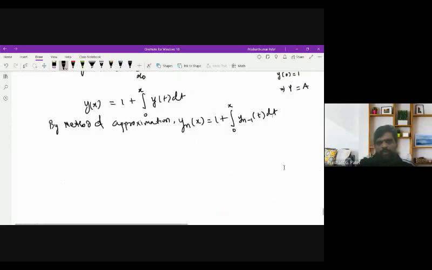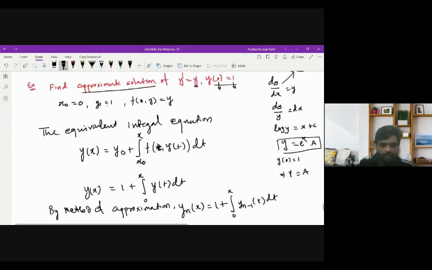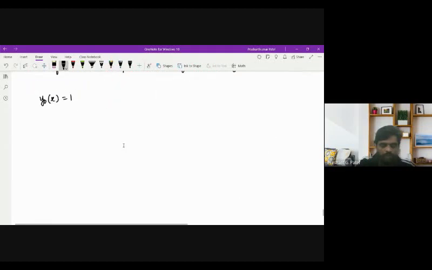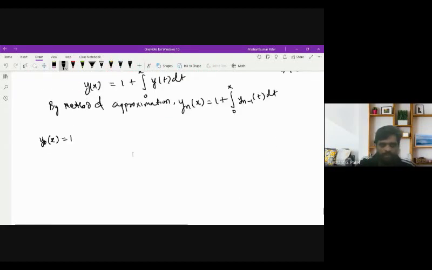Now, y0 of x is 1, which is initially given. So that is y0 of x is 1. Therefore now y1 of x is 1 plus integration 0 to x.